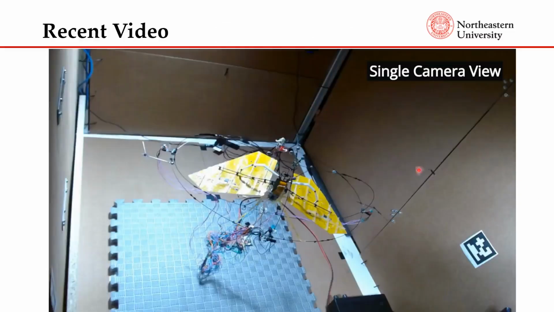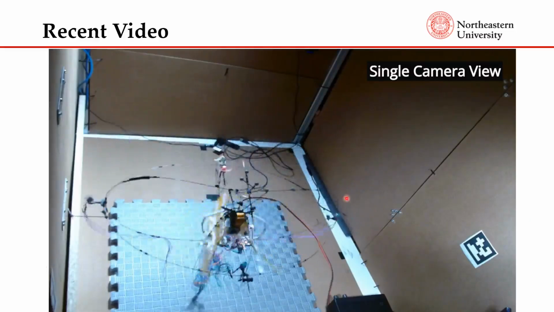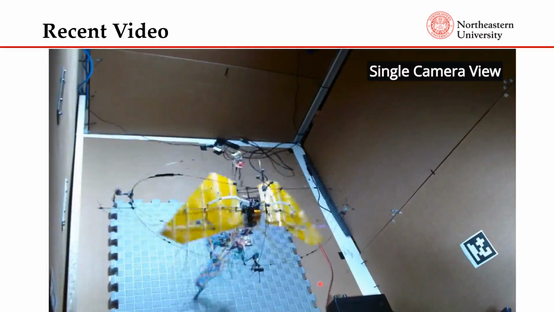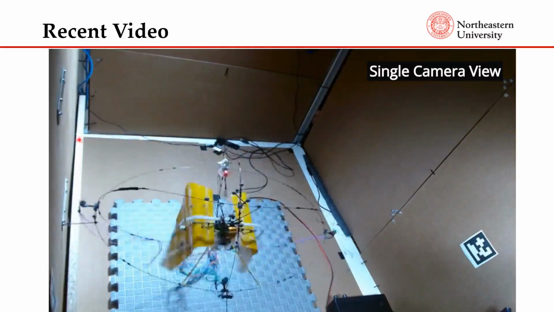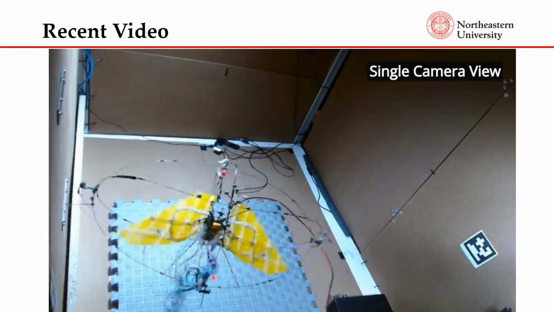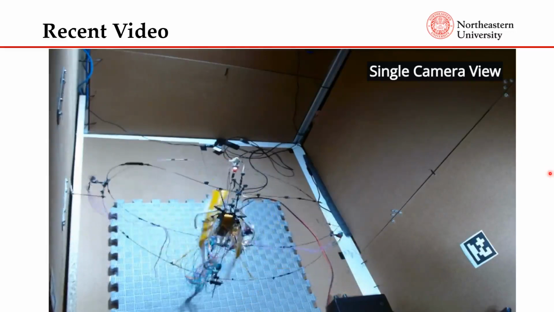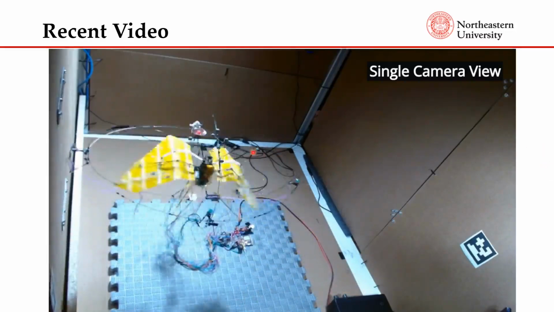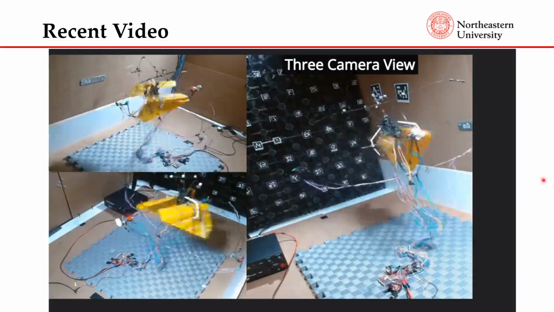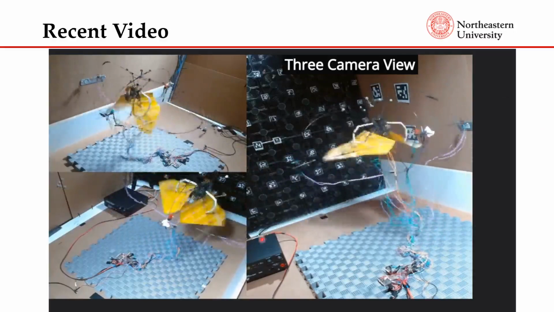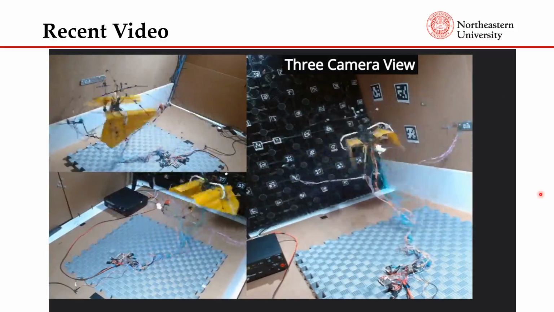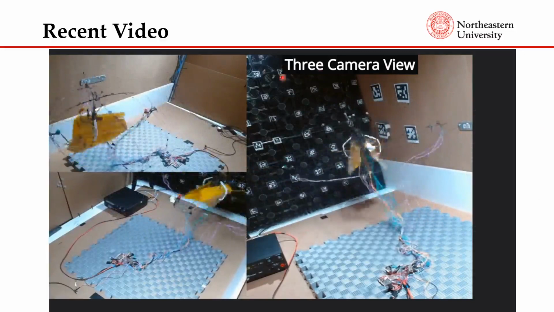Just to briefly show our most recent work, we have the robot flapping here with thrusters assisting it in correcting the orientation. As mentioned earlier, the lack of a tail makes the robot pitch unstable, so we are still working on stabilizing that with other methods, but currently this is the most recent work.